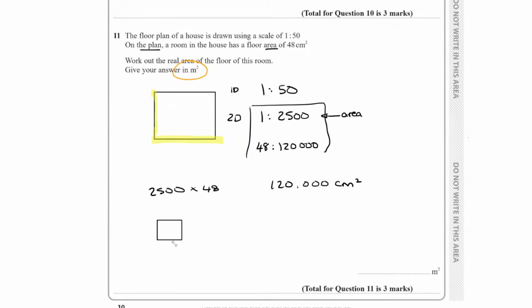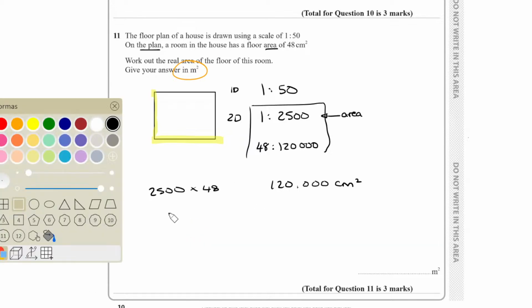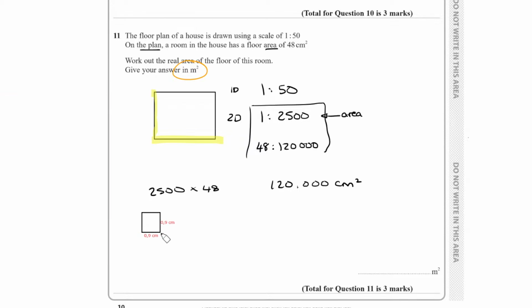well, imagine that was actually a square. Let's say that that is 1 meter by 1 meter. The area is 1 times 1, which is 1.